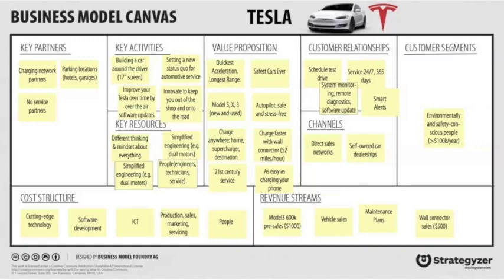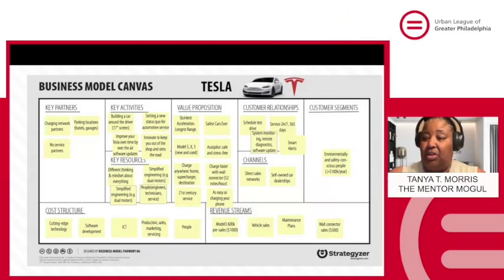The left side is really about the operations of the business. And the other side is about the marketing and the financials of the business, right? Because you have your customer relations, your segments, your channels. And so this is a last look at the canvas before we move on.